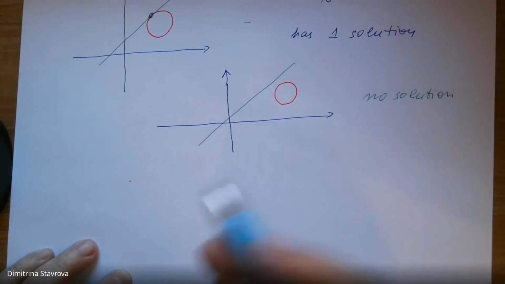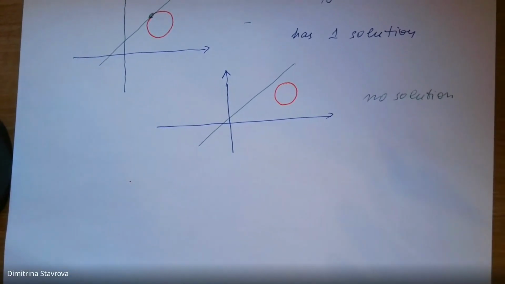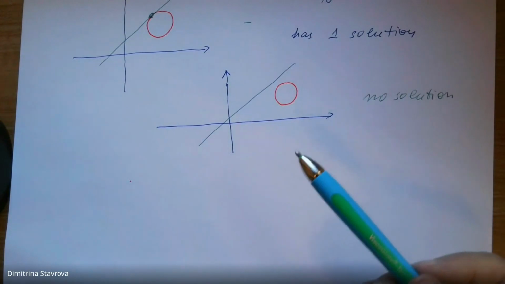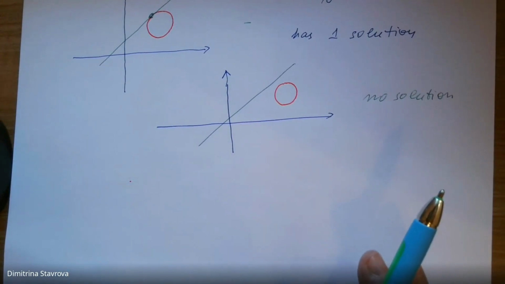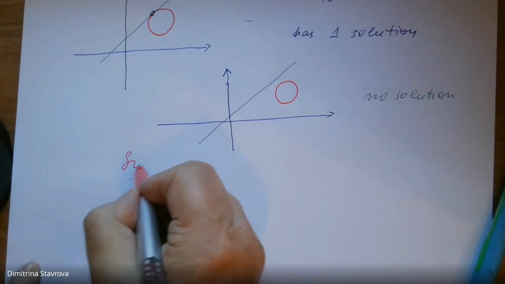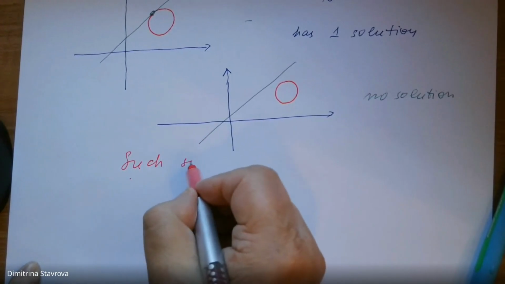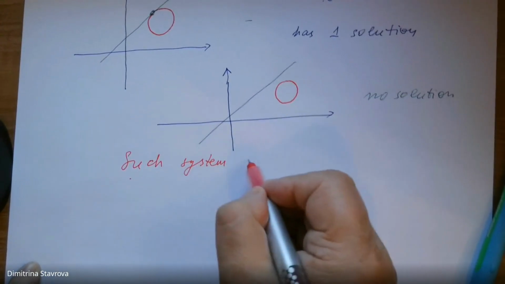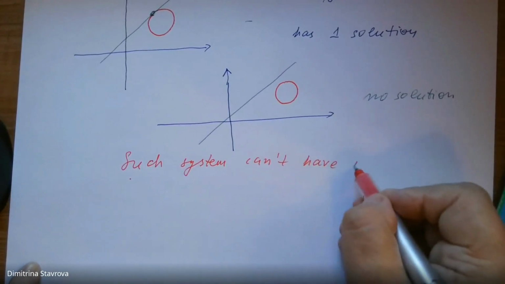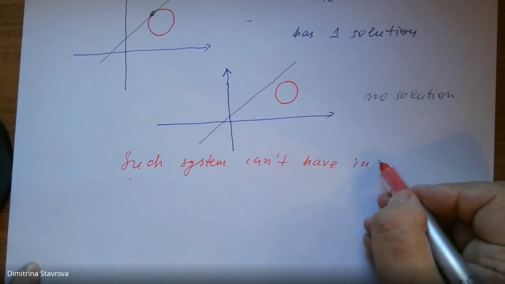So we just know what possible solutions we can have for such a system: no solution, 1 solution, and 2 solutions. We should emphasize that such a system cannot have infinitely many solutions.